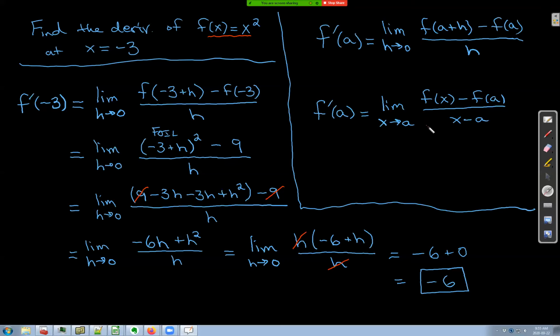But if you want to keep things as simple as possible for yourself, then you probably only need to memorize one of these. And this is the one that I am going to use most often in class, and this is the one that gets used most often in the book. So if you're only going to remember one, this is probably the one to remember. All right.